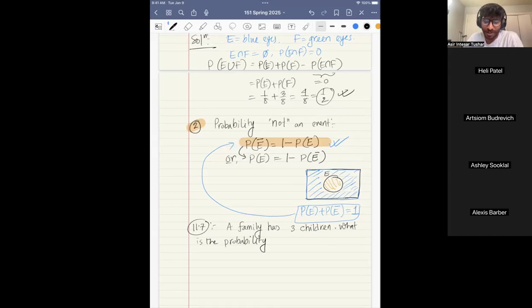What is the probability that there is at least one girl among the 3 children? So this is the problem. We have 3 children and we need to find at least one girl among the 3 children.